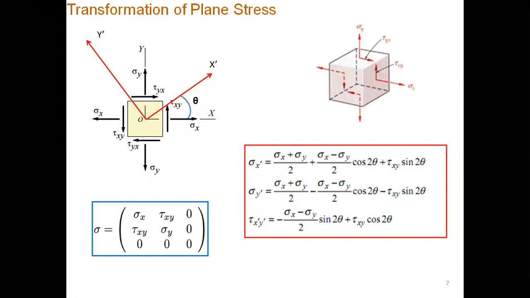The topic is how we got these equations, how to prove them, from where we got this stress transformation equation in plane stress problems. These are the stress transformation equations for plane stress problems.